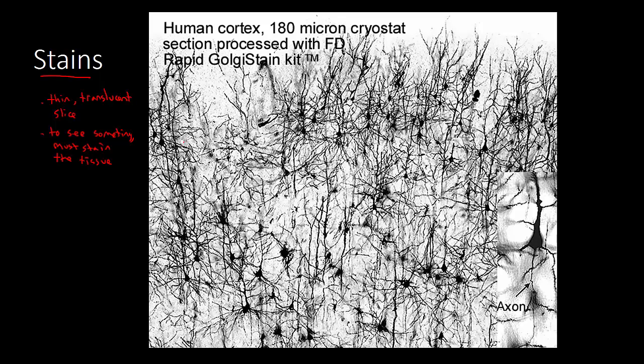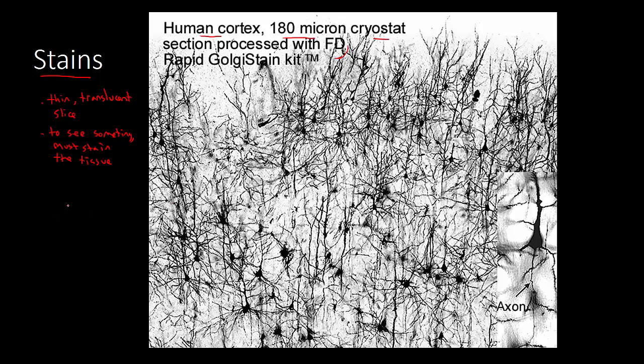If I'm interested in studying connectivity in the cortex, for example, here we've got human cortex, 180 microns. So these are very thick sections, much thicker than usual, cut on a cryostat. There's a kit you can buy if you want to do Golgi stain, and this is the kind of material you would get.